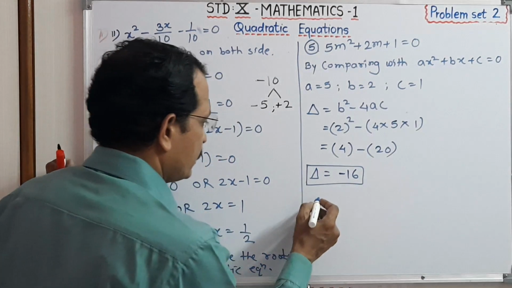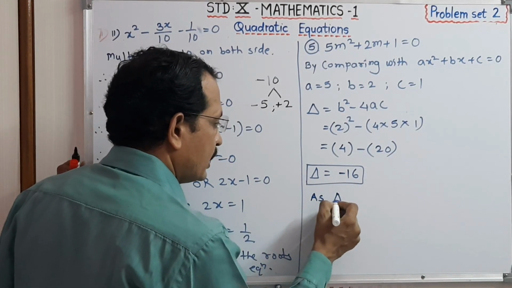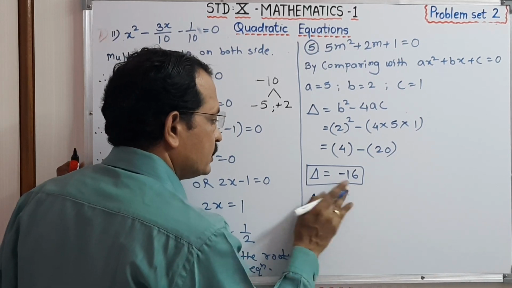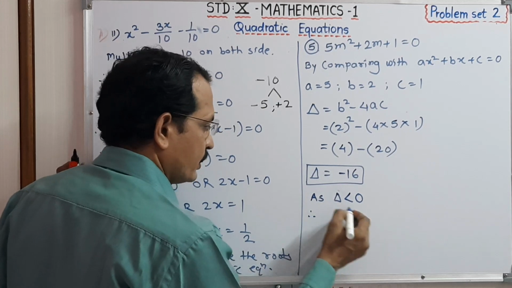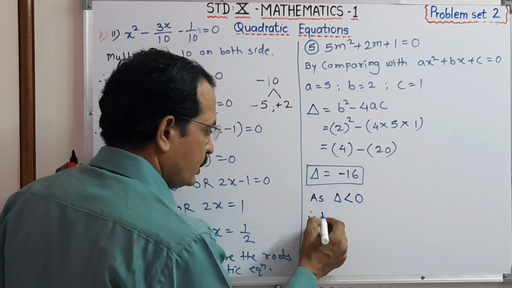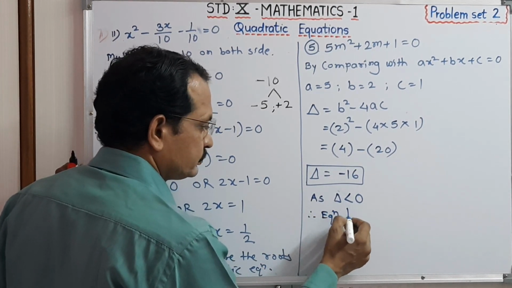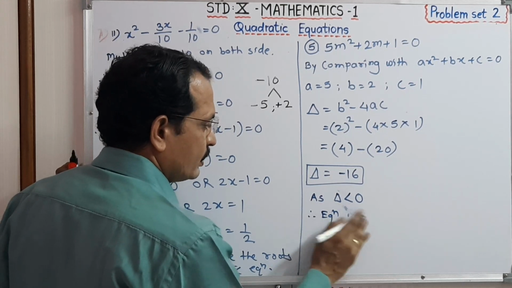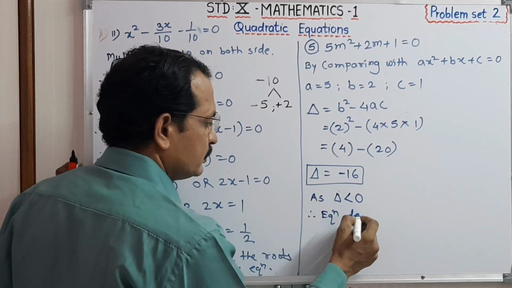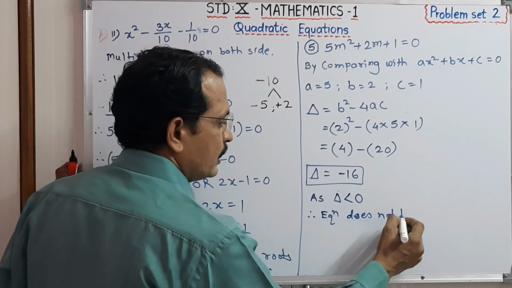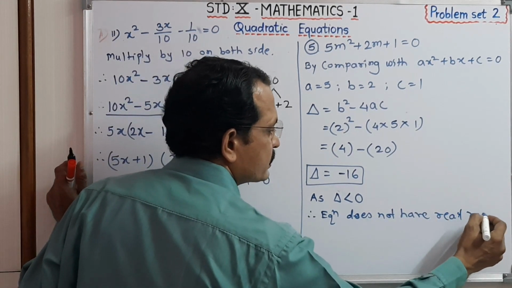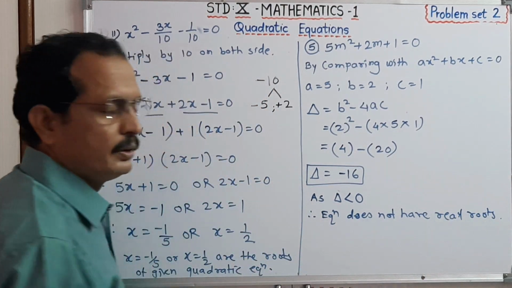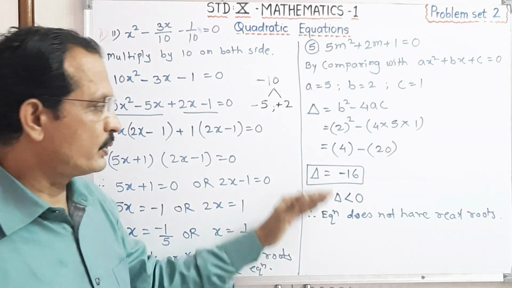We have to write here: as delta is less than 0, the equation does not have real roots. Therefore we do not have to solve further.